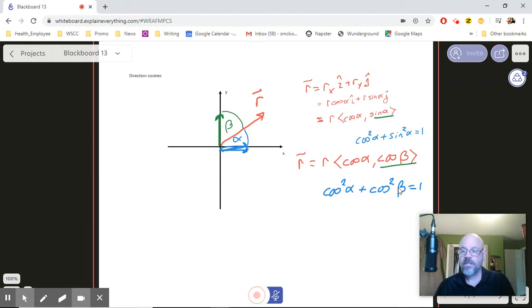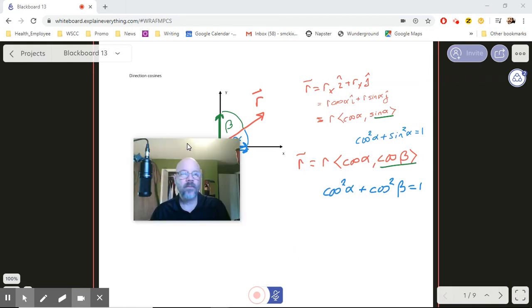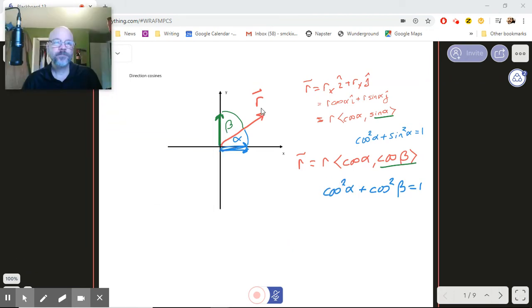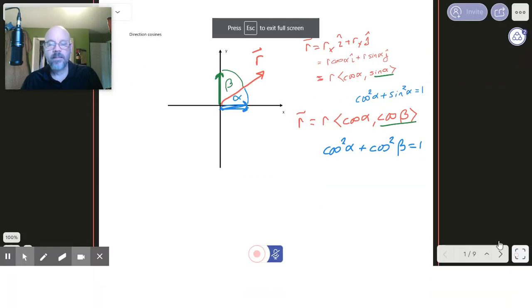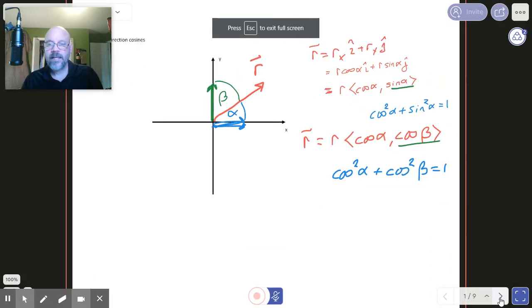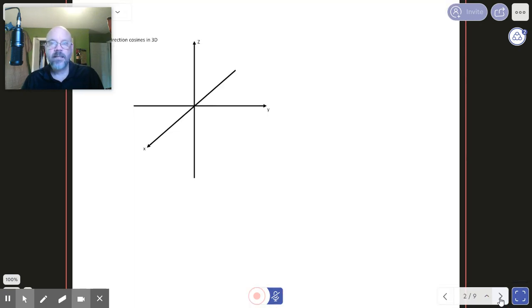Okay. So move my picture out of the way. I feel like I'm in the way there. Now let's make my screen bigger and let's duplicate this in three dimensions. All right. So now I've got my three-dimensional coordinate system.